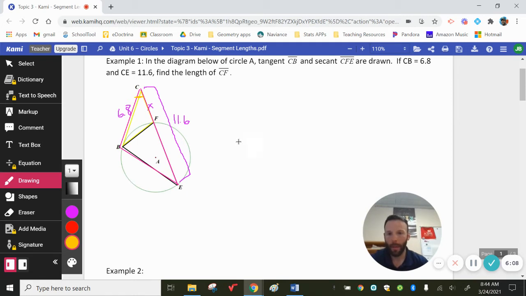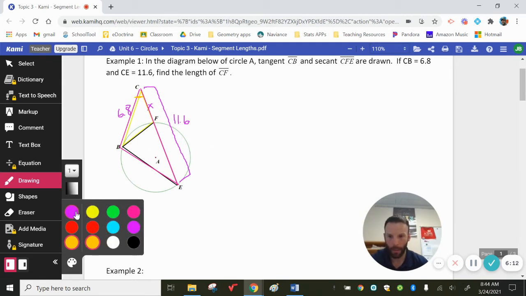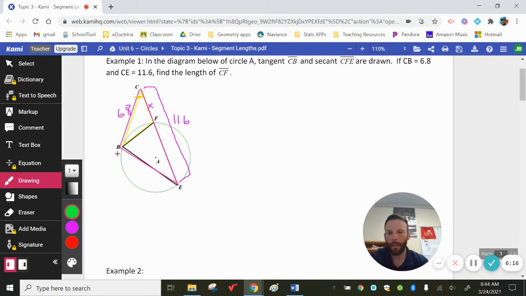Now, I'm going to highlight something here, and then I'm going to erase it so that my picture doesn't get too confusing. I'll try the green color. Do you see how the angle formed by the tangent CB and the chord BF intercepts the arc from B to F?